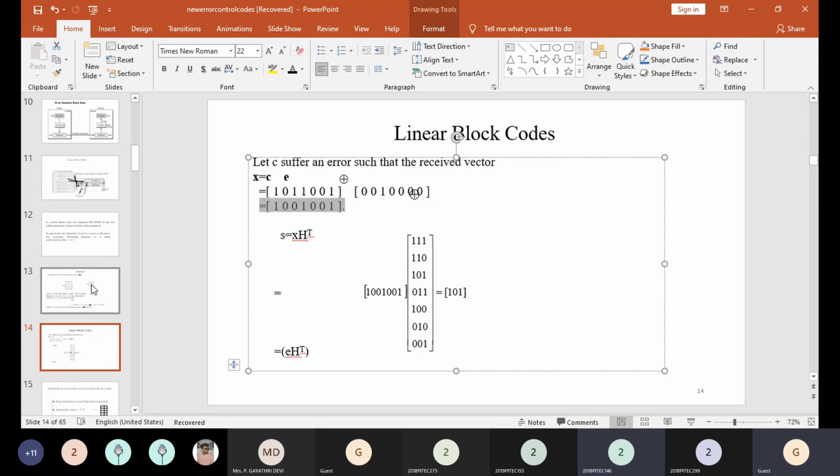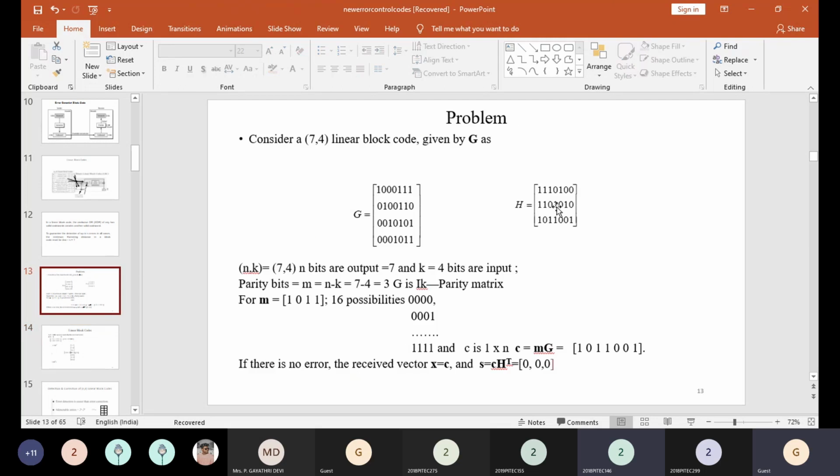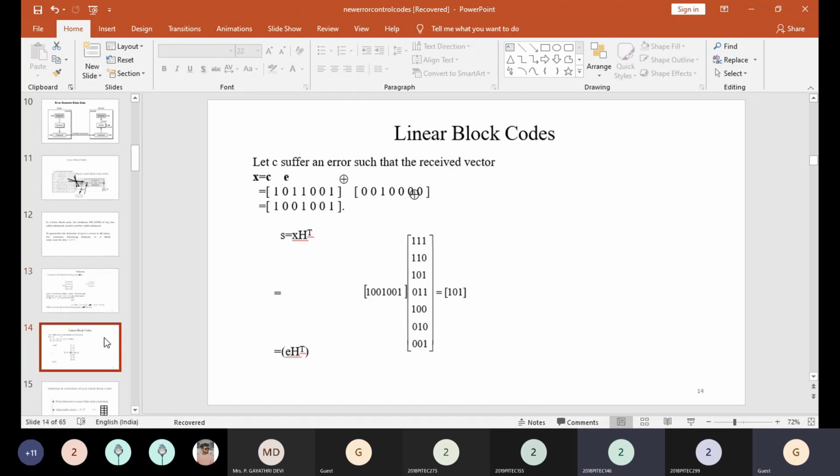H is already found from the generator matrix and the proper structure. The H matrix is the parity matrix concatenated with I. So you'll be able to get the H matrix.